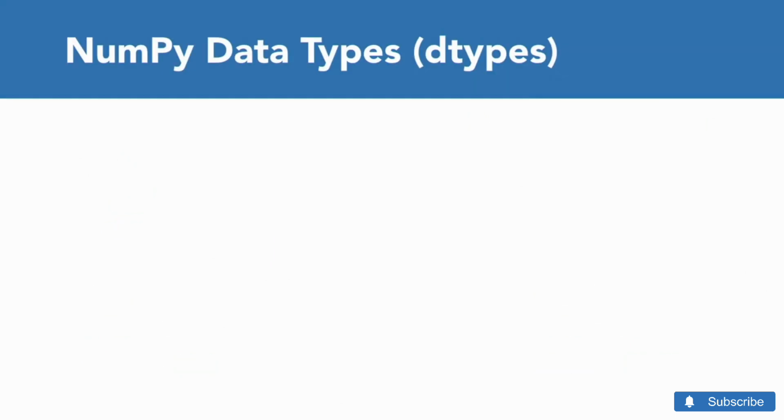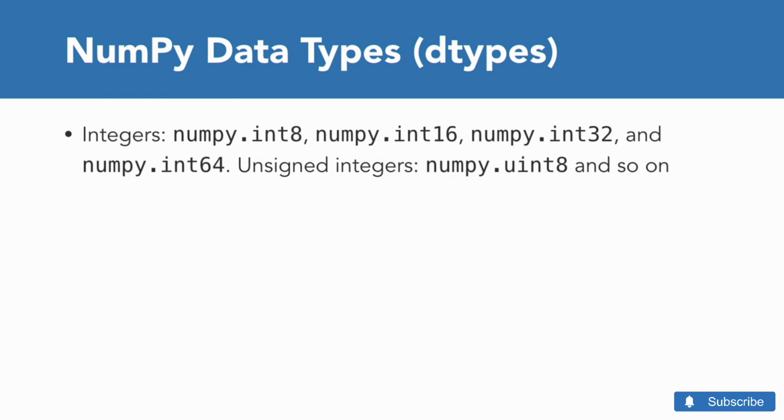Since, as we said, all the data items in an array need to have the same size, NumPy needs to be very precise about identifying data types. In fact, more precise than Python. While Python has just one type of integer and one type of floating point number, NumPy has several.